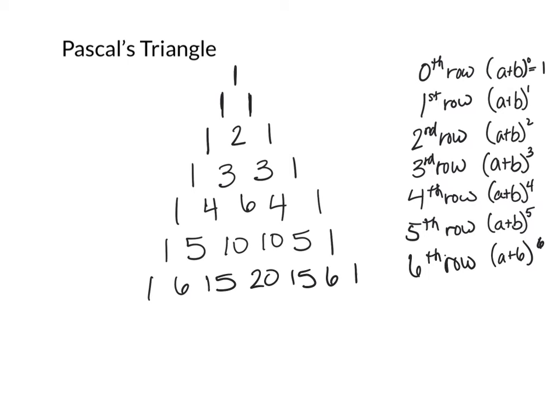So, for example, let's say I wanted to do a plus b cubed, without having to do a plus b times a plus b times a plus b. So I'm going to start by looking at my coefficients, 1, 3, 3, and 1. Now my a is going to start with a cubed, and then it decreases in power in each term.